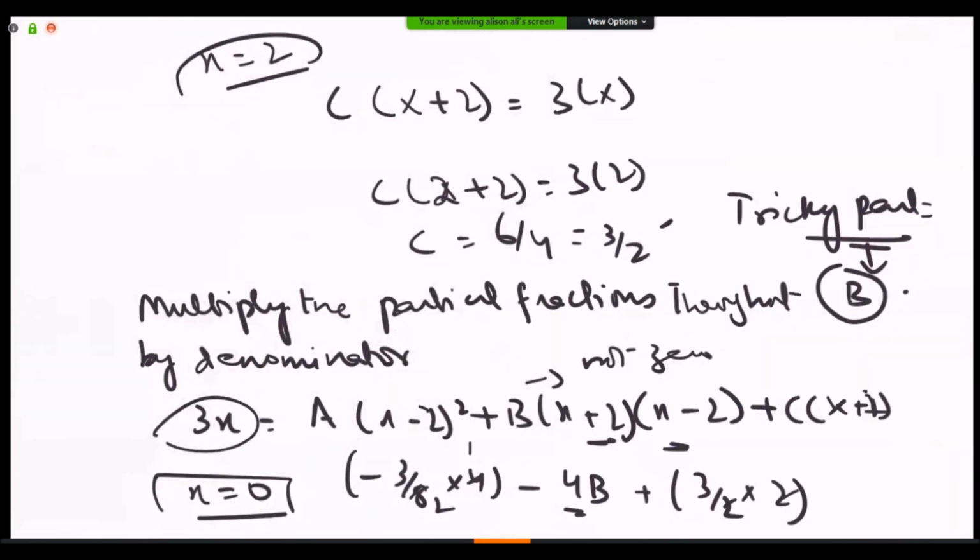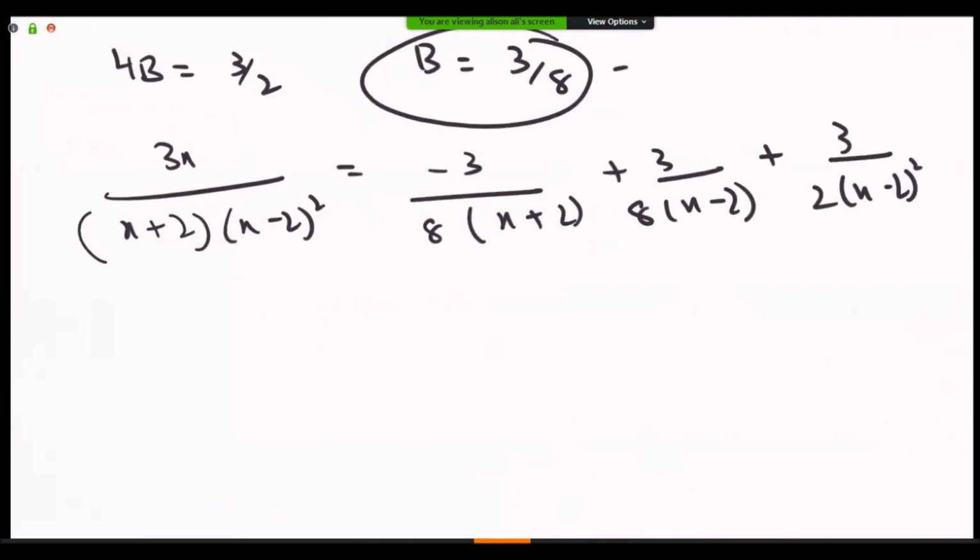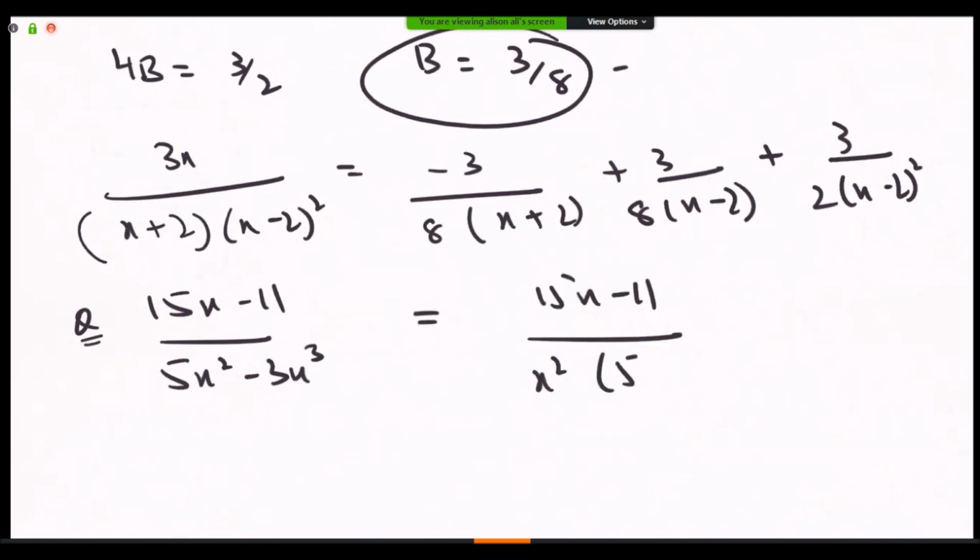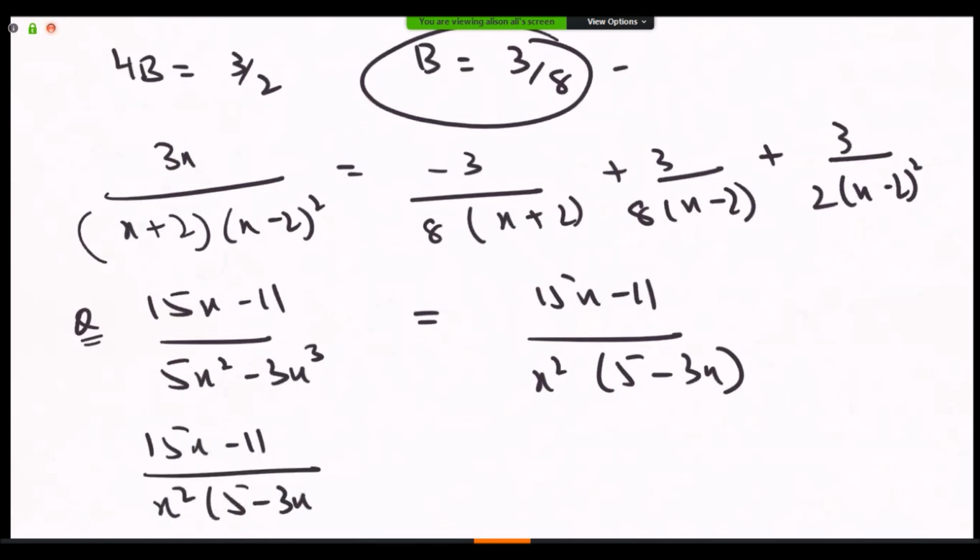And after solving this, we can just look at one easier question, for example, that would be helpful for us. For example, if the question is (15x minus 11) over (5x square minus 3x cubed). So how will we solve this? It will be written as 15x minus 11 over x square into (5 minus 3x).